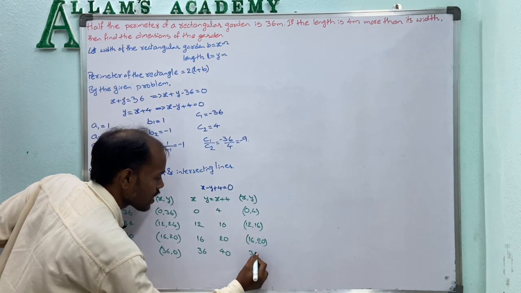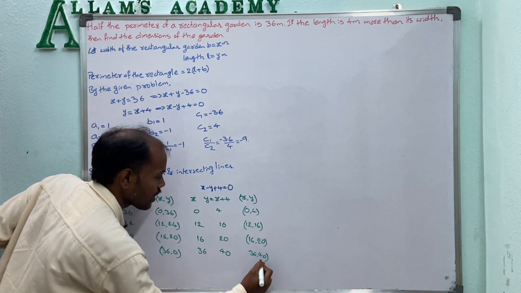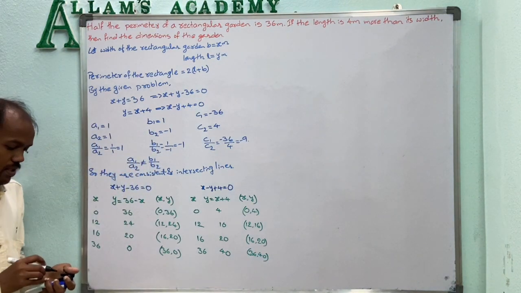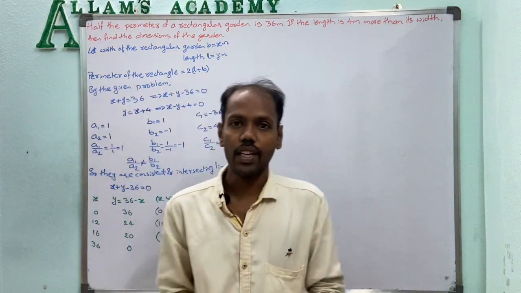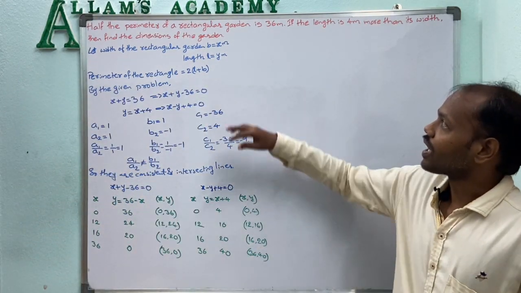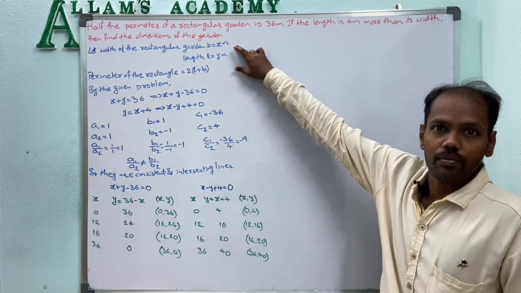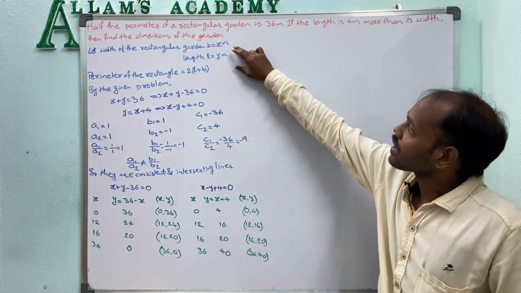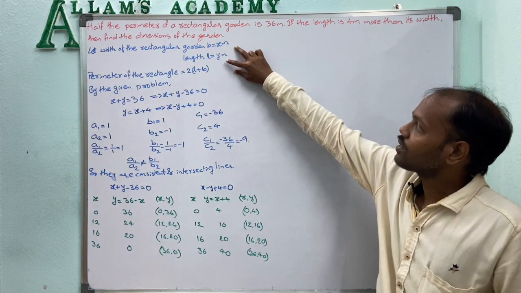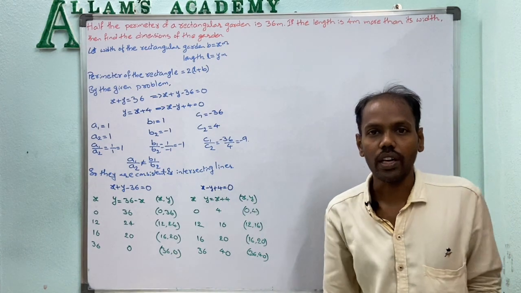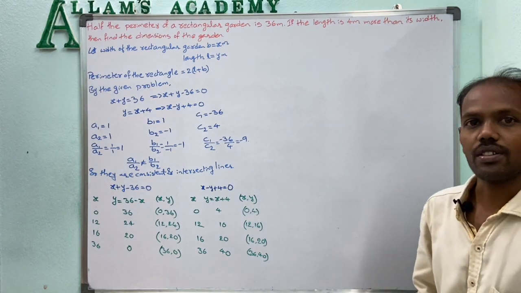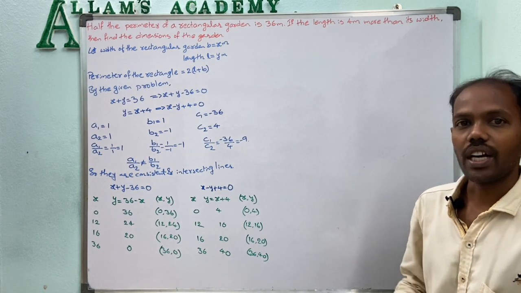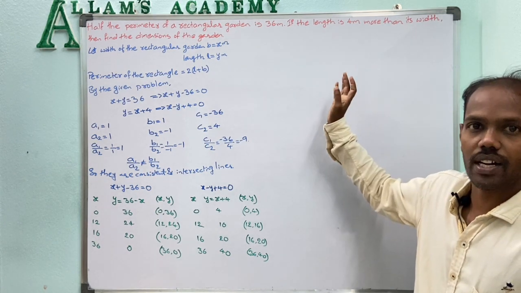Now we have to find the length and breadth of the garden. They are positive terms, so in the graph we have to take only the first quadrant.